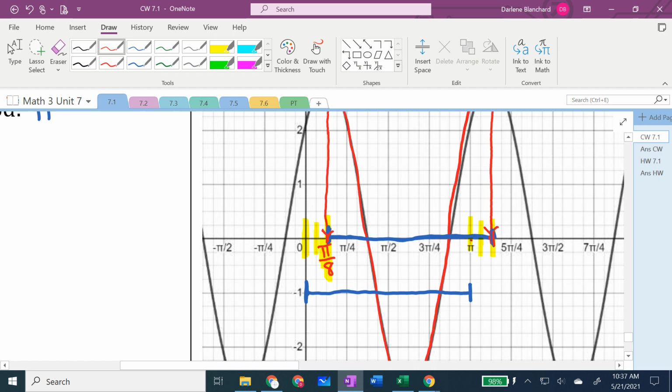Do you see that that's going to be really tricky though? I have to find what is exactly between pi and 5 pi over 4. That's not the best fraction fun. My advice is don't do it the hard way. Do it the easy way.